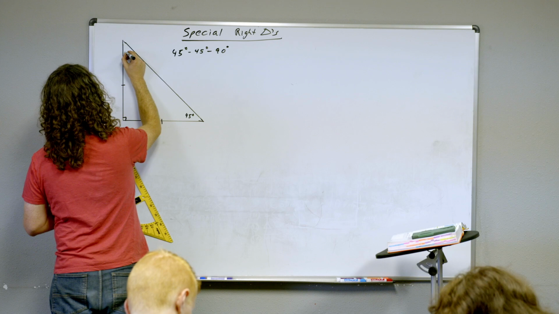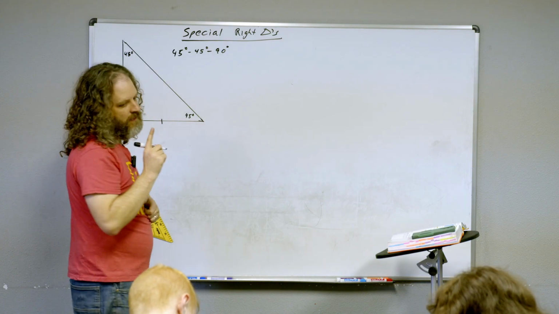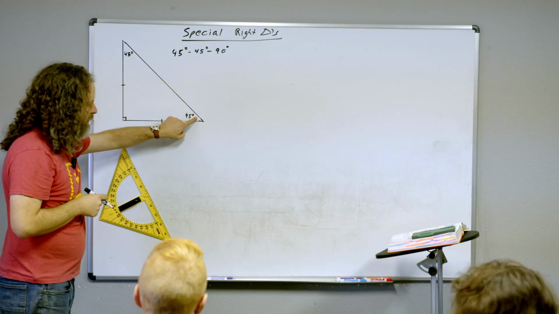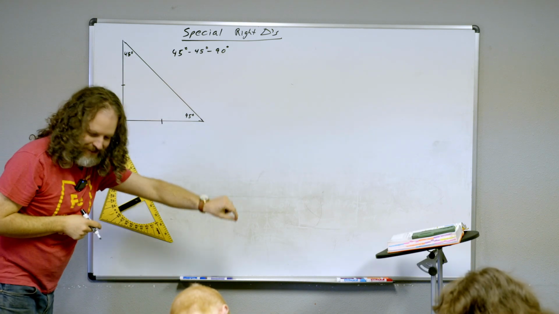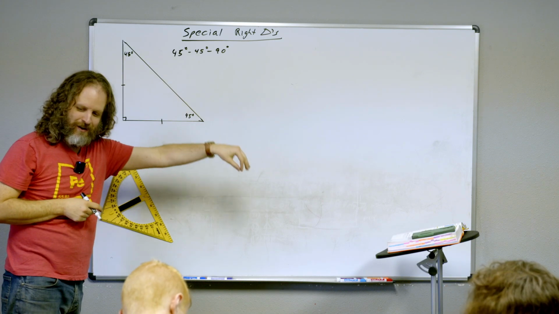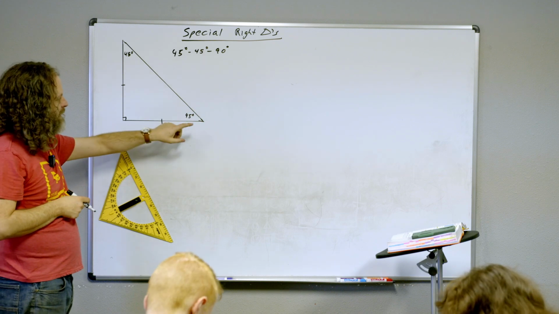It is very, very important, by the way, that you write your degree measures with the degree symbol, because in the next lesson, we're going to learn the other, more superior unit for angle measurements, radians. And radians has nothing there.